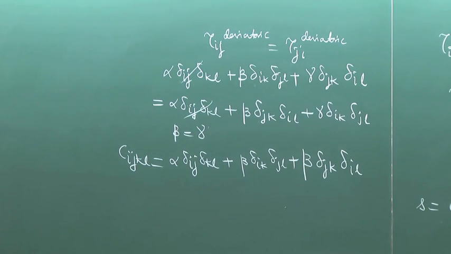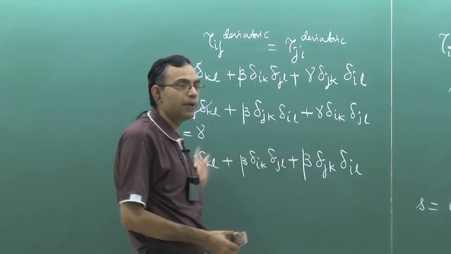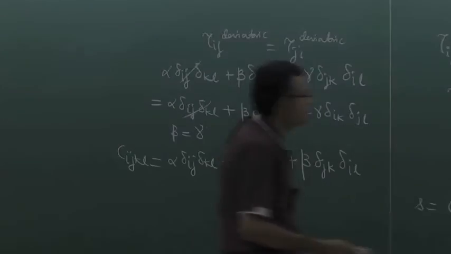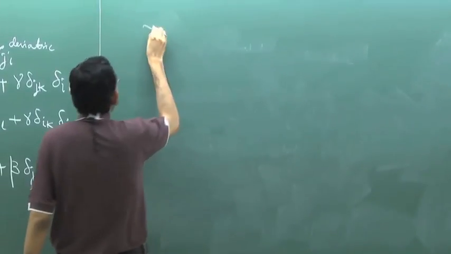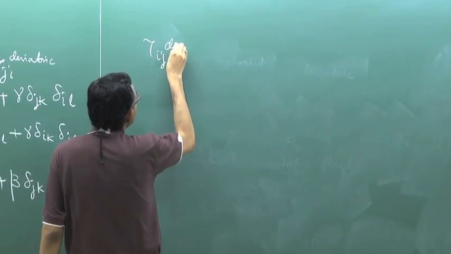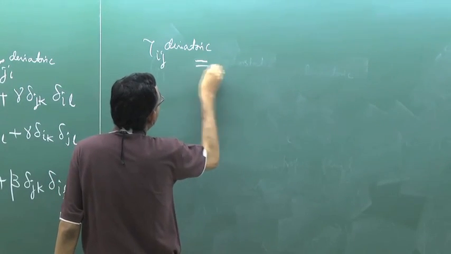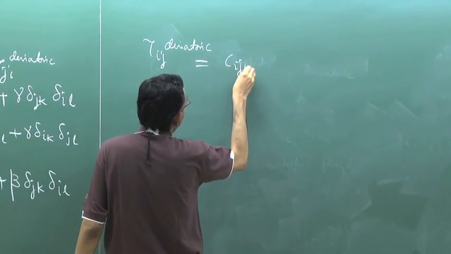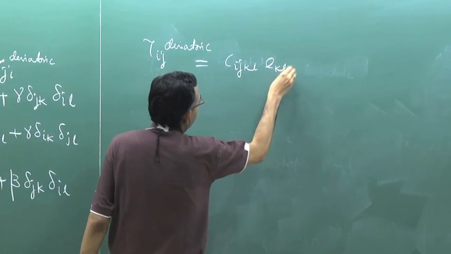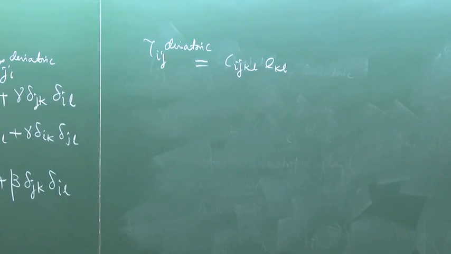So now how many properties are there? Two properties, alpha and beta. We will try to get a physical interpretation of these two properties. So tau_ij deviatoric is equal to C_ijkl into E_kl. So what is that?